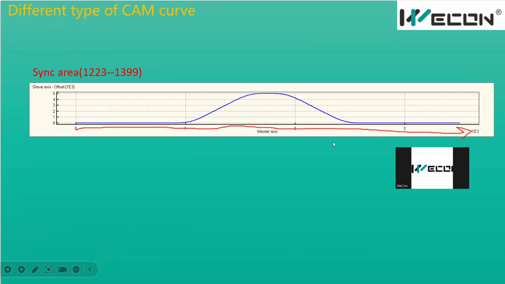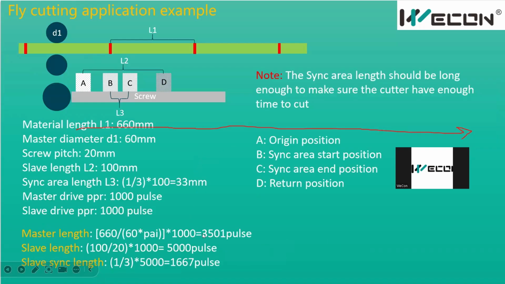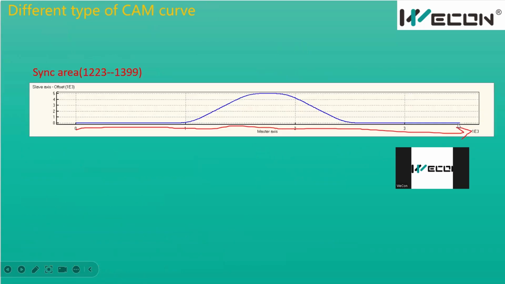Here the master length is 3,501. So here you can see it's about 3,500. And for the slave length, you can see here is 5,000.